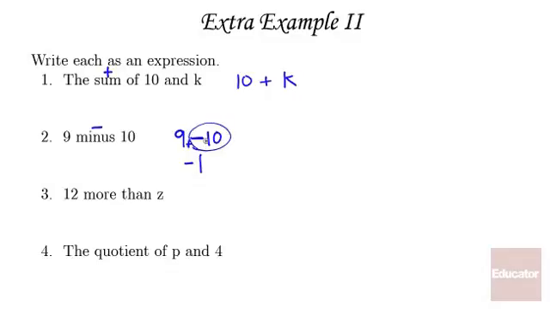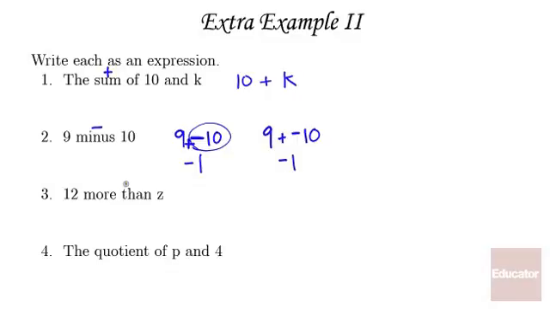I can write a plus here. So 9 minus 10 is the same thing as 9 plus negative 10. So this minus is the same thing as negative. If you want, you can change this to a plus problem and make that a negative. So if you have 9 of something, say you have $9, but you need 10, let's say you borrowed 10. Well, how much do you have left? You have negative 1.